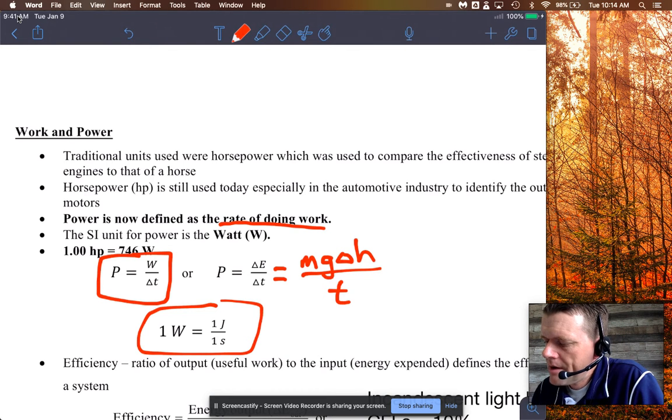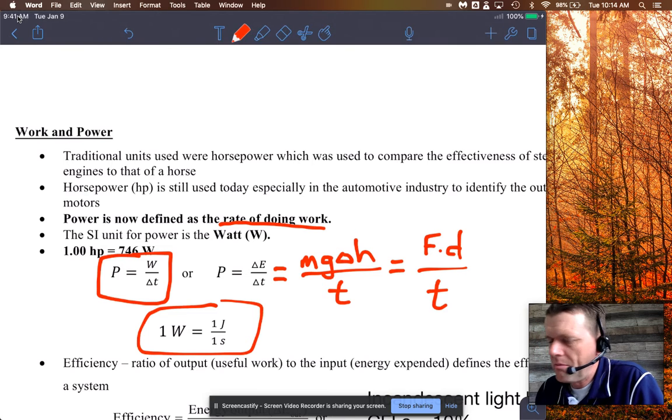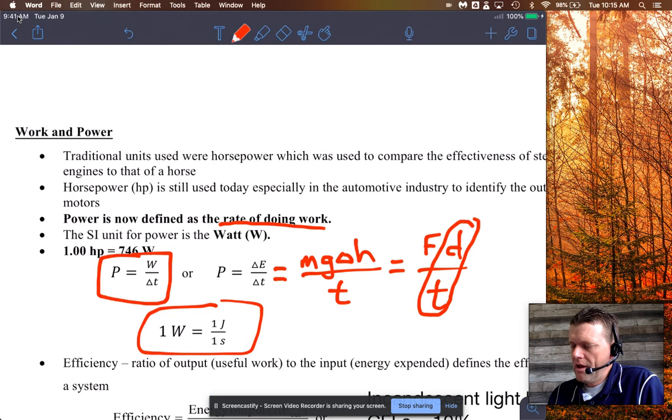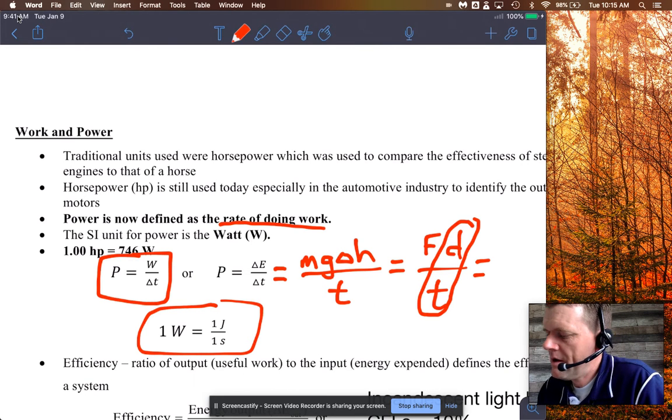Okay, so another variation, though, these are all equal signs, right? Another variation, you could expand the work formula, force times distance divided by time. Okay, and if it's a vertical distance, that's fine. But that's one way you could calculate power. And this is another, or what you might see if you were looking at this, we have distance over time right there. And if you have distance over time, distance divided by time is velocity, or displacement divided by time is velocity.